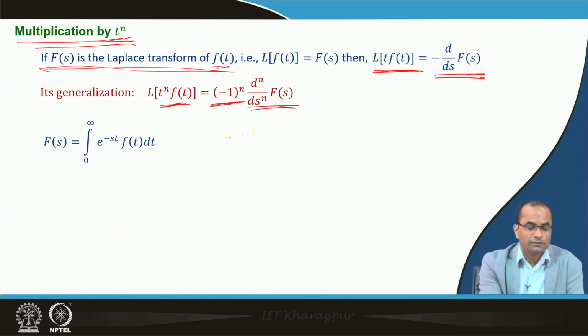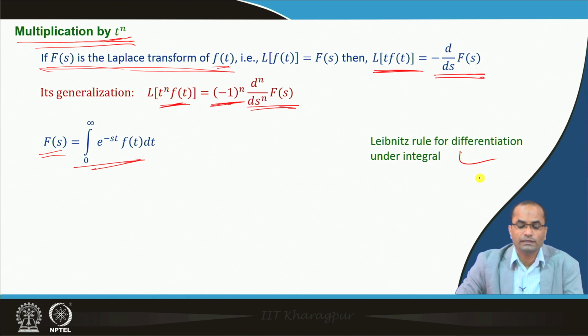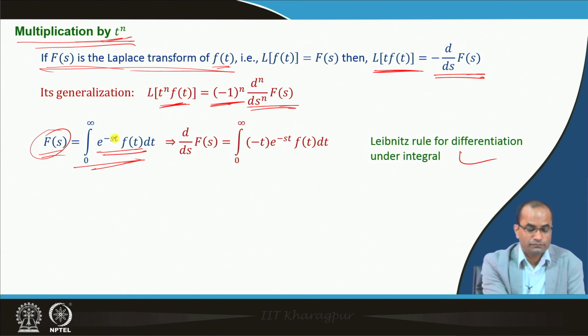Looking at this result, F(s) is the integral of e power minus st f(t) dt, and if we use the Leibniz rule of differentiation, when we differentiate dF over ds, we also have to apply d over ds inside.